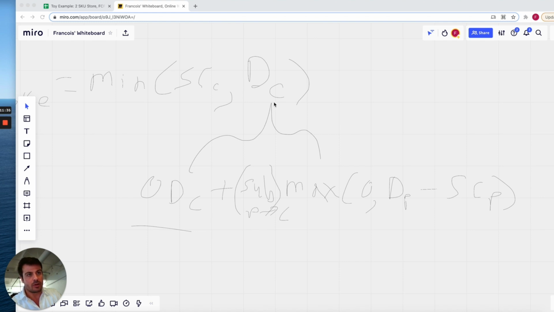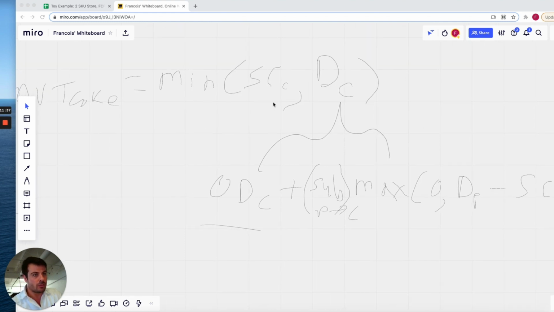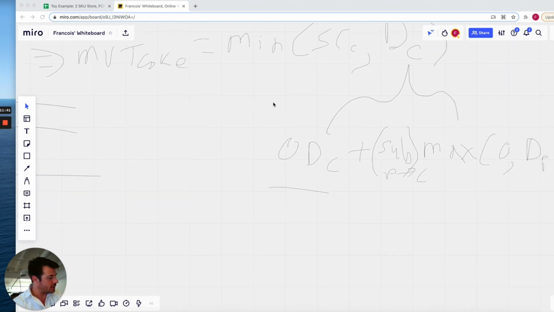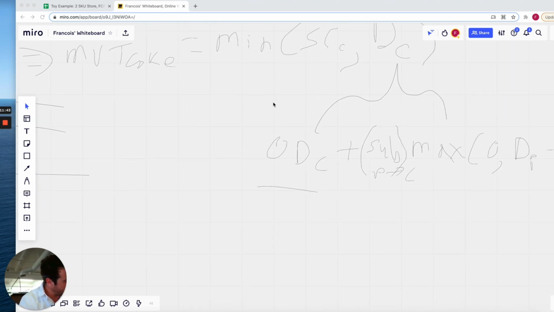So that's my demand for Coke. And we're going to generalize this here. What you're going to end up with is your revenue minus COGS is going to equal the sum over all your SKUs. We're going to pretend that this is just one day of this grocery store.